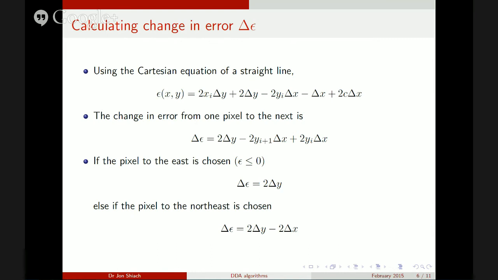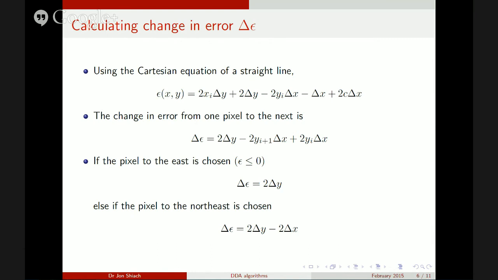But remember, we're only interested in the sign of the error. We're not interested in its value. We're only checking whether it's greater or less than zero. So I can just let my error be error times delta x. I'm just interested in the sign, and letting error be error times delta x does not change whether it's going to be positive or negative.